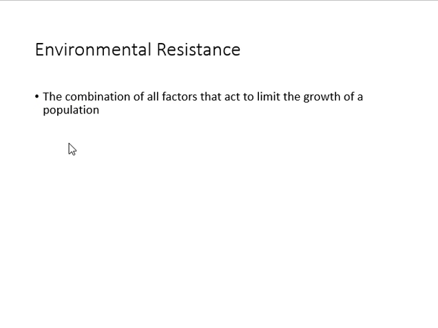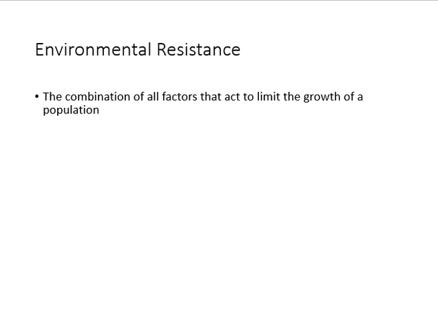Thankfully, populations cannot grow at their biotic potential indefinitely. They cannot grow at their intrinsic rate of increase because ultimately we do hit limits. We call these limits environmental resistance. It's the combination of all factors that act to limit the growth of a population.